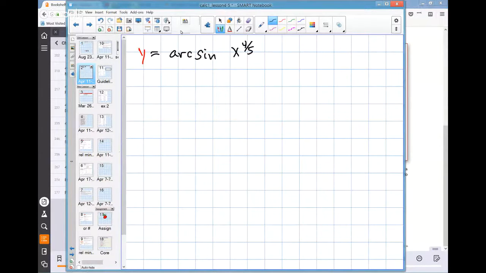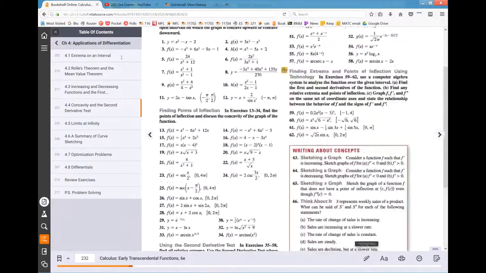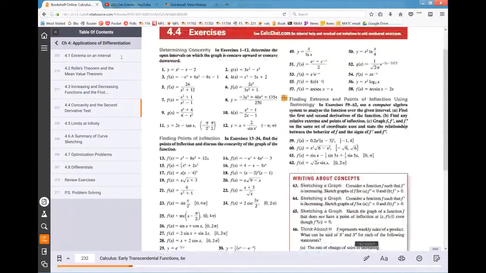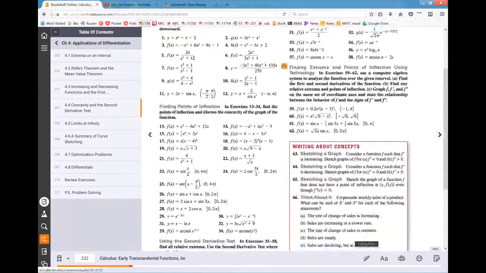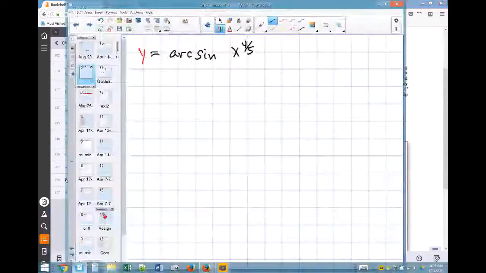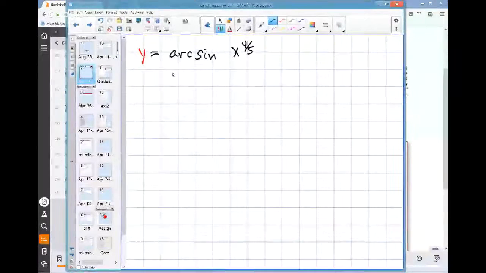So we know, I've got to double check too. What were the directions? What are we trying to do here? The problem says, find the points of inflection and discuss the concavity of the graph of the function. Okay, so points of inflection is second derivative. So we've got to find the second derivative of this.